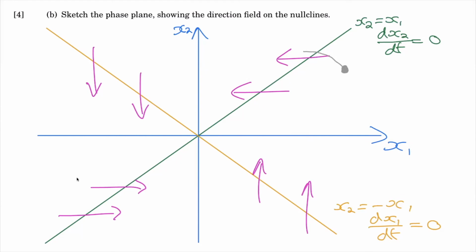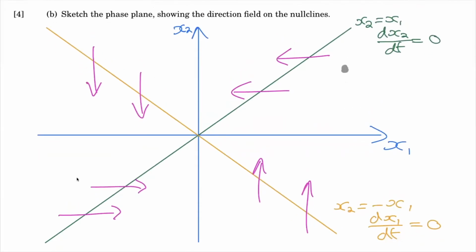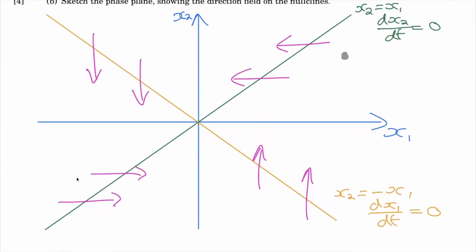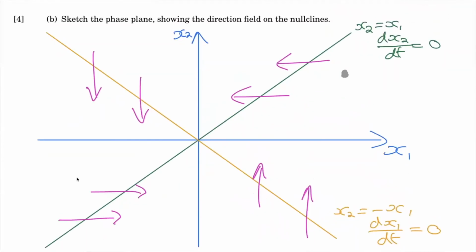Then I keep going in this direction. So let me start that again. We're moving up and to the left, cross that null line going left. Now I'm moving down and to the left.